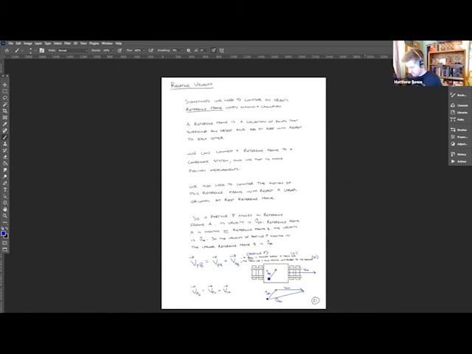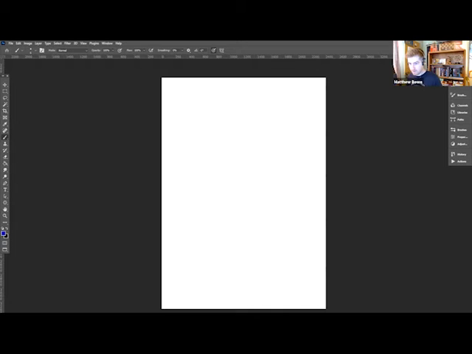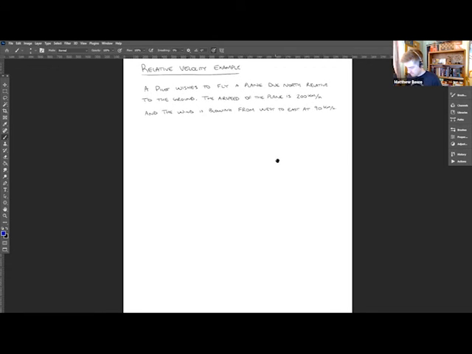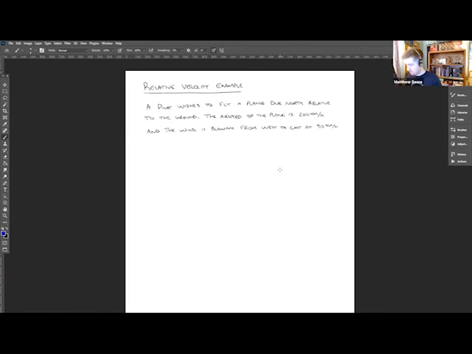I put this in here because maybe it would help with figuring some things out. So let's put the problem in. A pilot wishes to fly a plane due north, so directly north, relative to the ground.